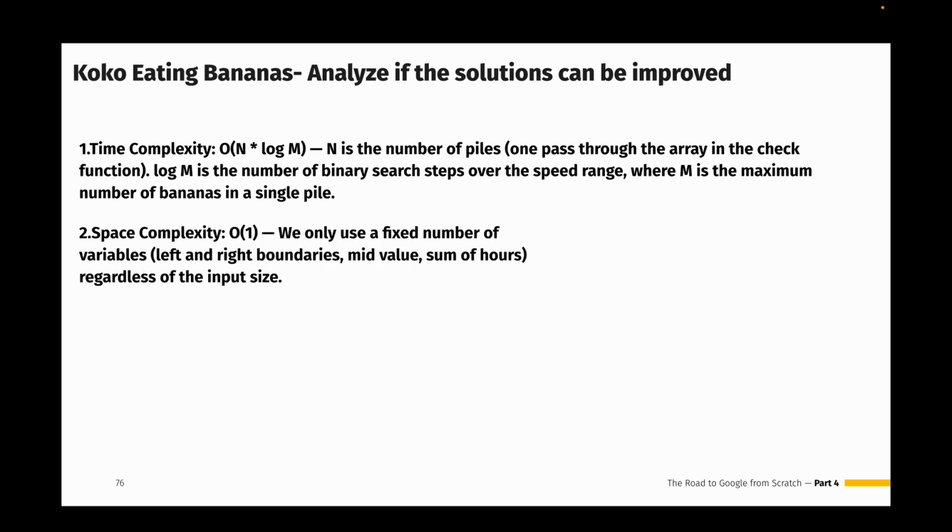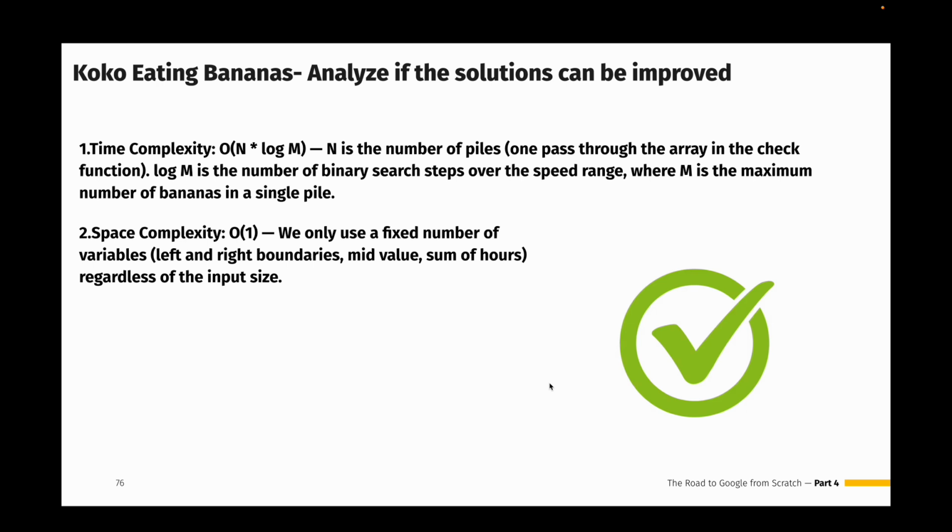And the space complexity is O(1), where we only use a fixed number of variables like left and right boundaries, mid value, sum of hours, regardless of the input size. So it's pretty good complexity.